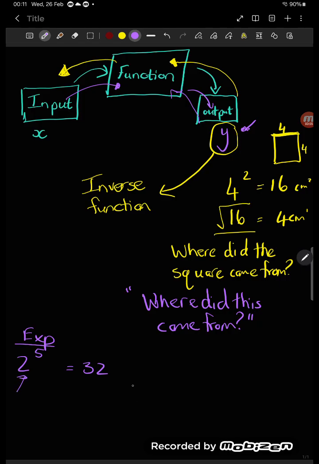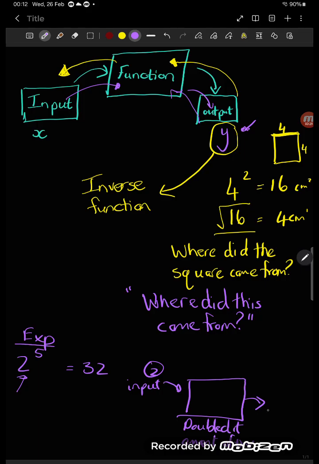Well, my input was 2, and I had a machine that doubled it an amount of times. And my output is how big is it? That's the question you're going to ask. How big is it after this function has done something to it?